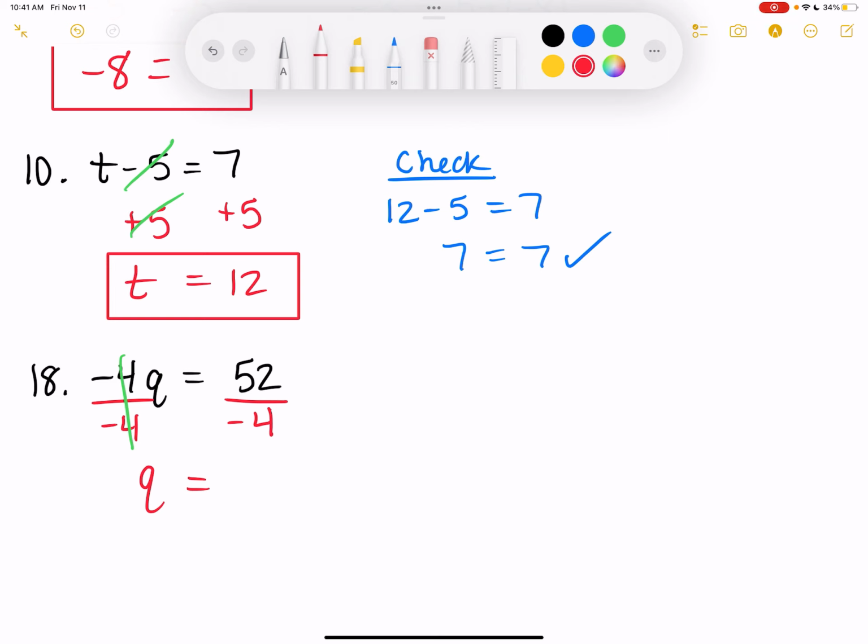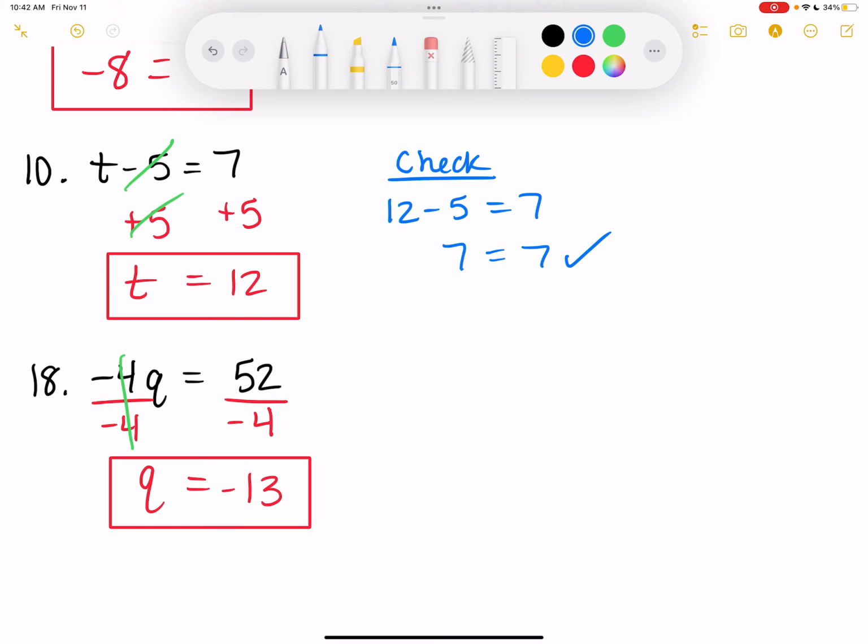You have a few too many. Oh, 13. Yes. And it's going to be positive or negative? Negative.